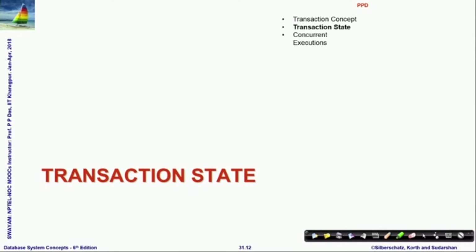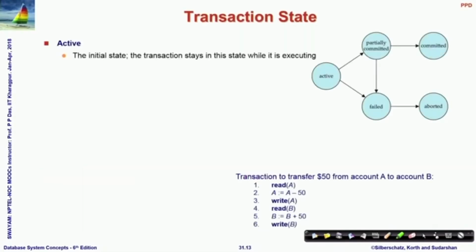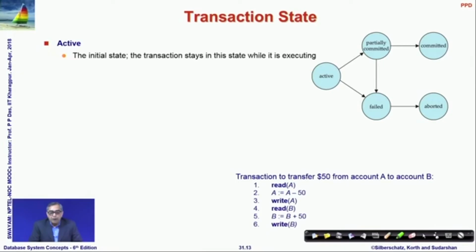Next, as transactions go through each and every instruction, a transaction is in one of several different states. As soon as the transaction starts executing, starting from the initial state, it is in an active state.